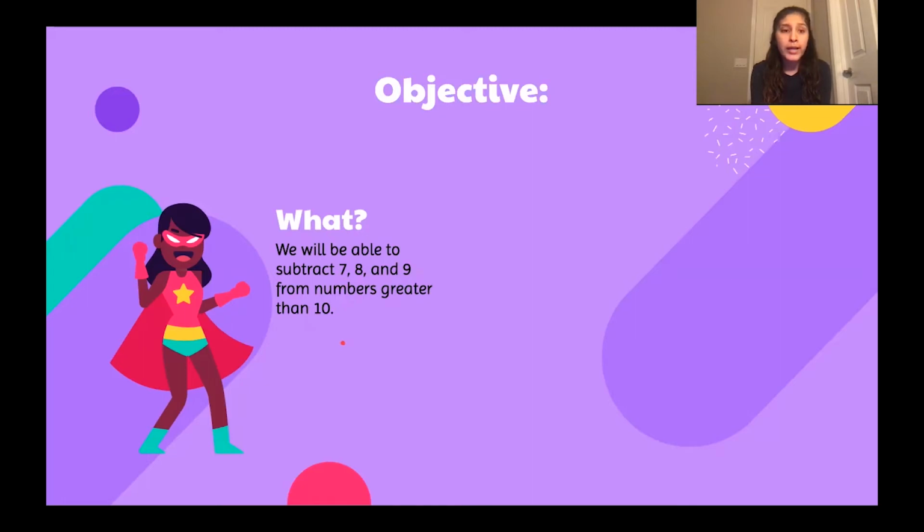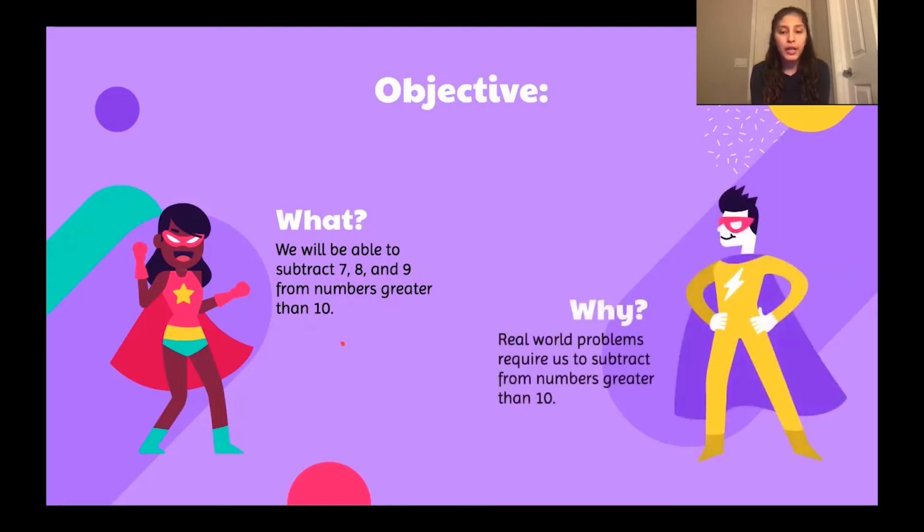So why is that important? It's important because we have real world problems that require us to subtract from numbers greater than 10. So there's times where we need to know how to subtract 7, 8, and 9 from teen numbers. Many examples could be like you're having a birthday party and you have 15 cupcakes that you made and you invited 8 friends.